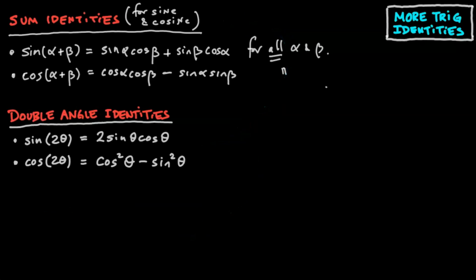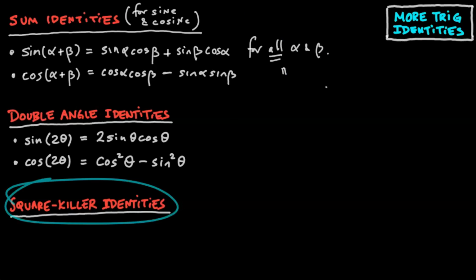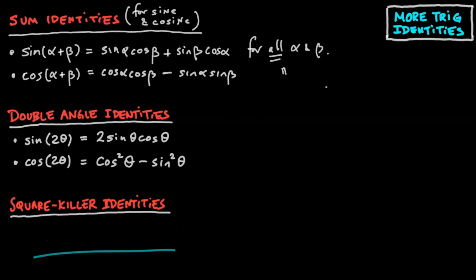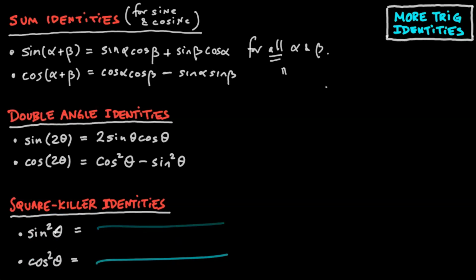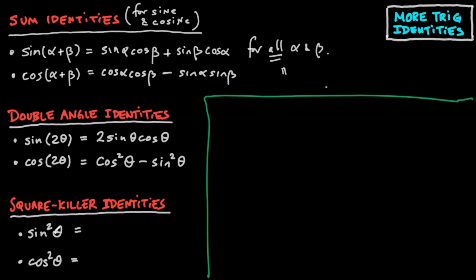This next set are identities that I call square killer identities, and they too are very useful in calculus. Their job, as their name suggests, is to kill squares. If we have something like sine squared theta or cosine squared theta, we will have identities that get rid of the squares. And to derive them, all we have to do is to observe that we already know 2 different identities that involve, say, cosine squared of theta.